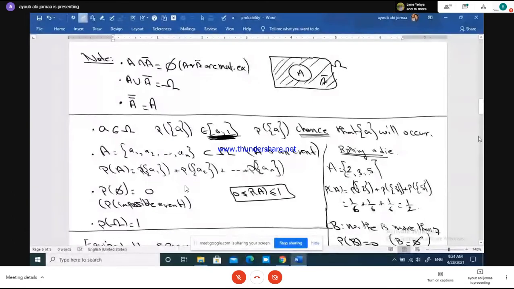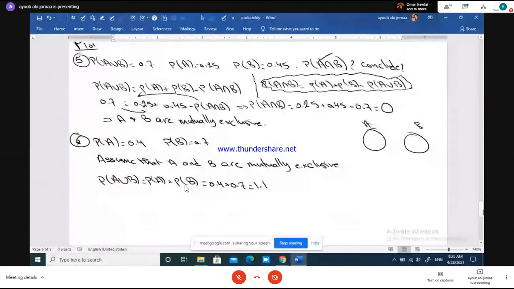طيب, here you got a number, the probability of an event is equal to 1.1. Is it possible? No. It's not possible. It's greater than 1. Contradiction. Contradiction to our assumption.